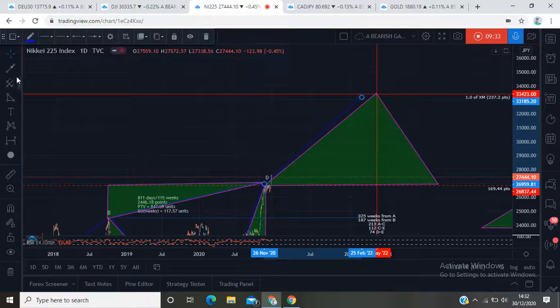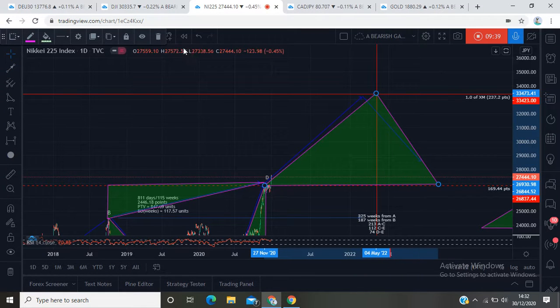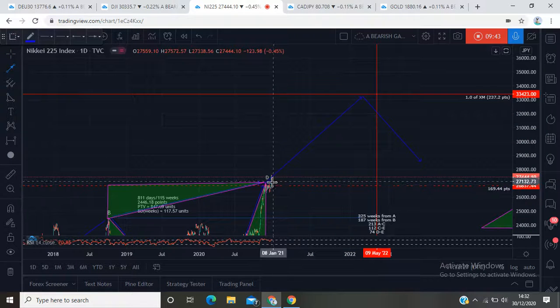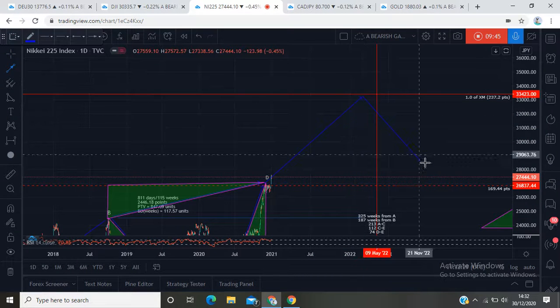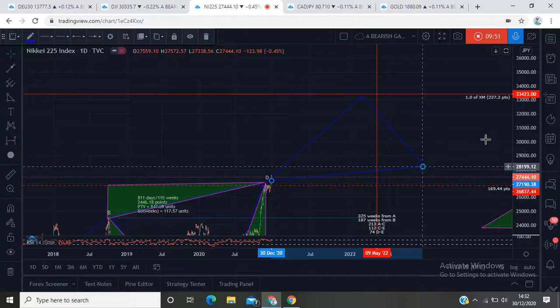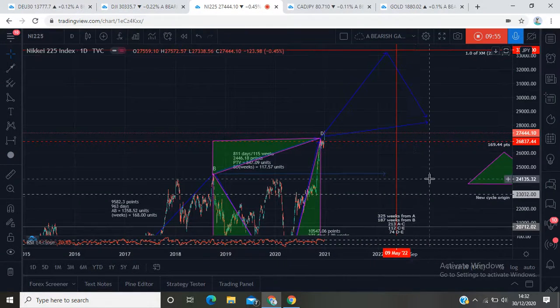And then after that, we can have a correction back down. And then when we have that correction back down, then we can connect D. So this one will be E and F. Then we can connect D to F as the third side of that equilateral triangle.